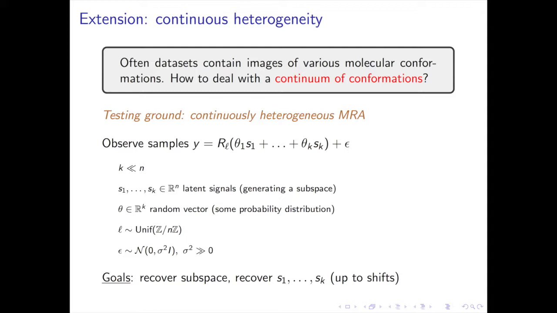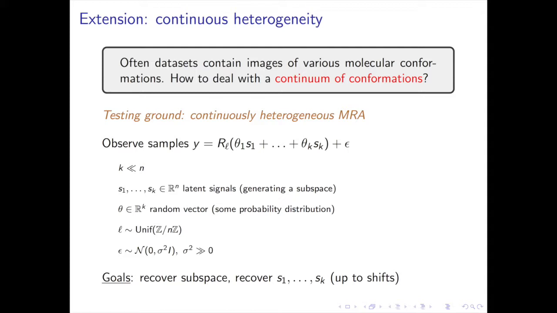So this is another neat extension of orbit retrieval. Often data sets contain images of various molecular conformations. There's not just a single particle that you're seeing rotations of. Maybe there are 10. We thought about a discrete number of conformations previously, but maybe there's even a continuum of conformations.